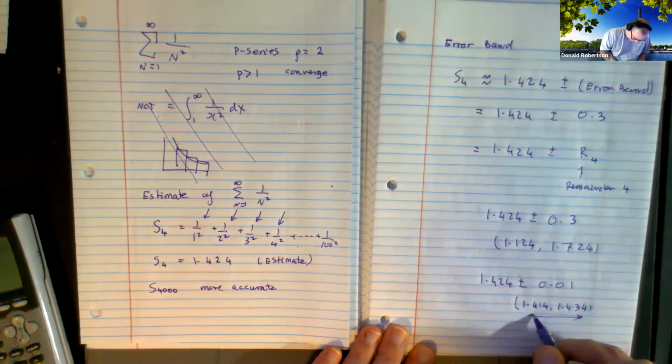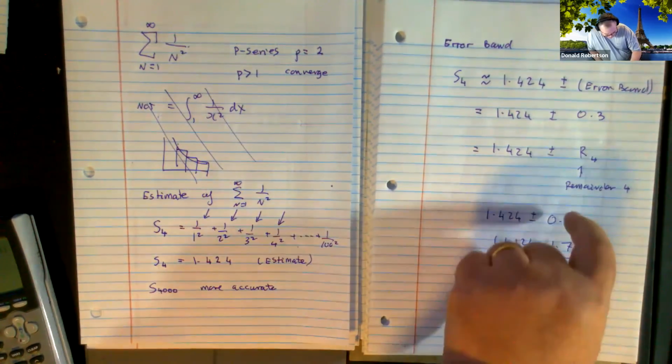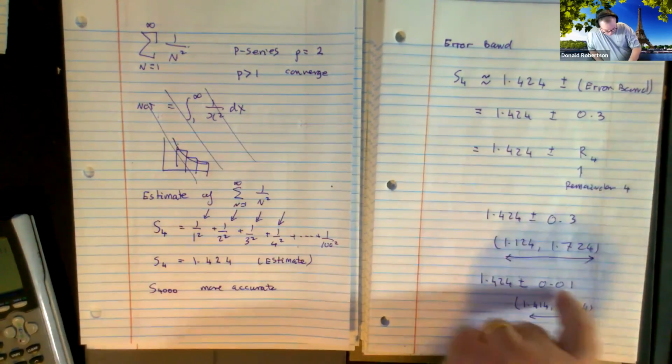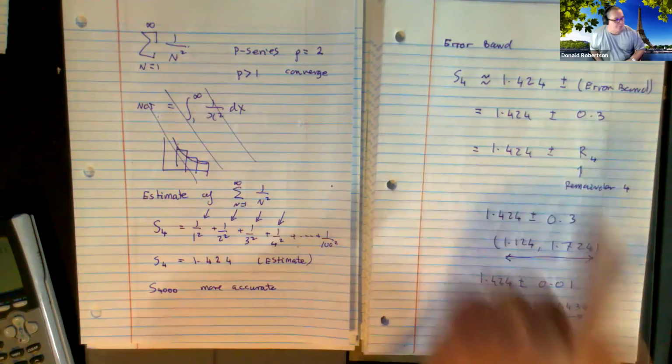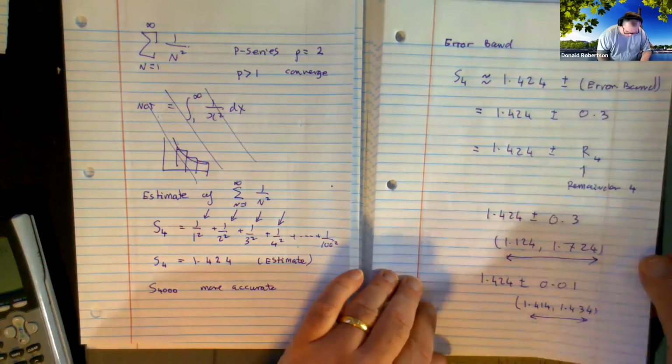Wouldn't that be a much better answer, accuracy-wise, than this, right? So if we can find this, won't that give me an idea of how good 1.424 is, right? It could be absolutely horrible. Couldn't it be plus or minus 0.9? Which means you didn't really tell me a lot there at all.